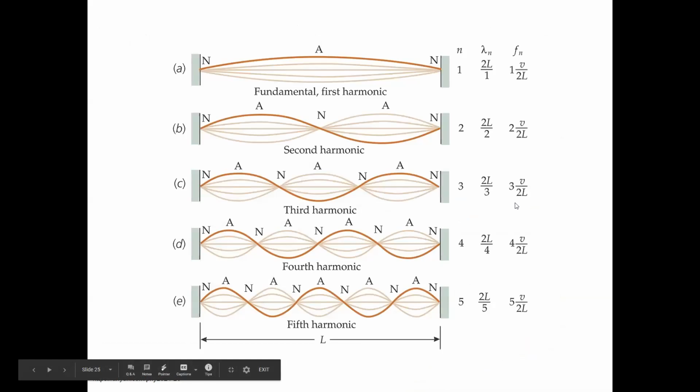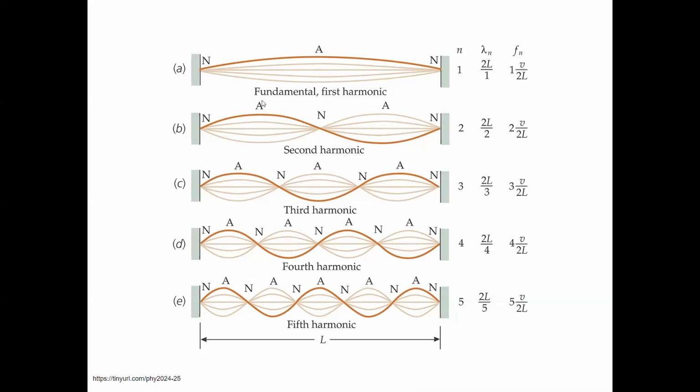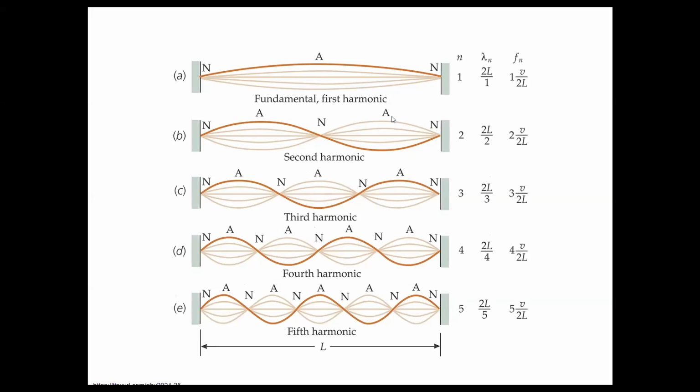So in summary, this is what you get when the string has two ends fixed, or in xylophone cases, the metal bars have two ends fixed, so you will have a standing wave in the metals. For the first harmonic, n equals 1, lambda 1 is 2L, and the frequency is V divided by 2L.